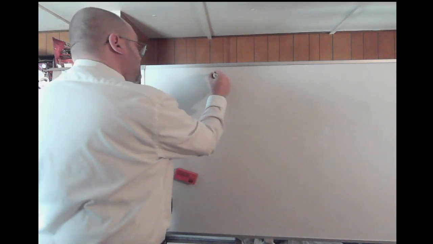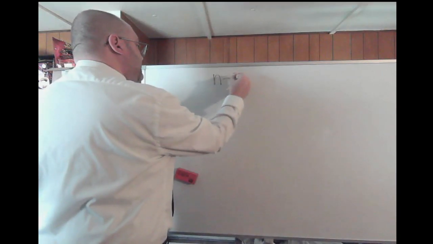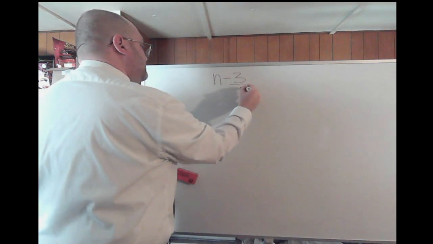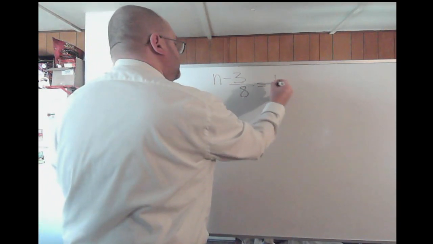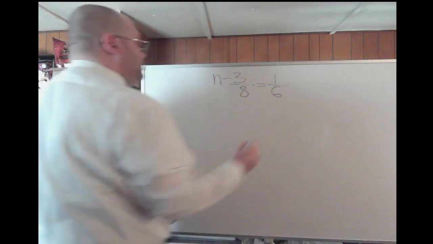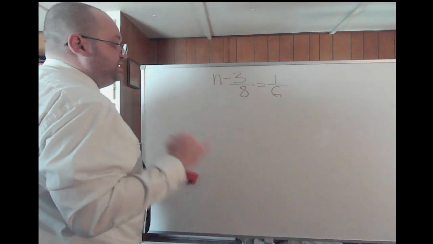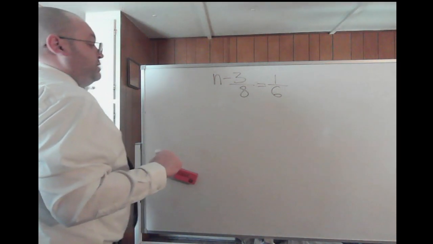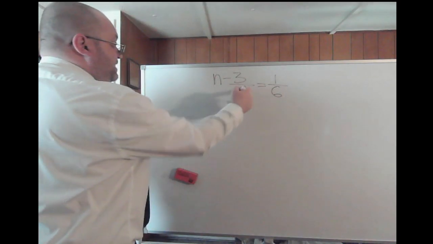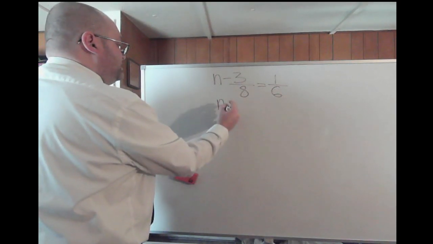All right, so we have n minus 3/8 equals 1/6. So we got n minus 3/8 equals 1/6. Well, we have a minus 3/8, so we need to add a 3/8 to get rid of the 3/8 and get n by itself.